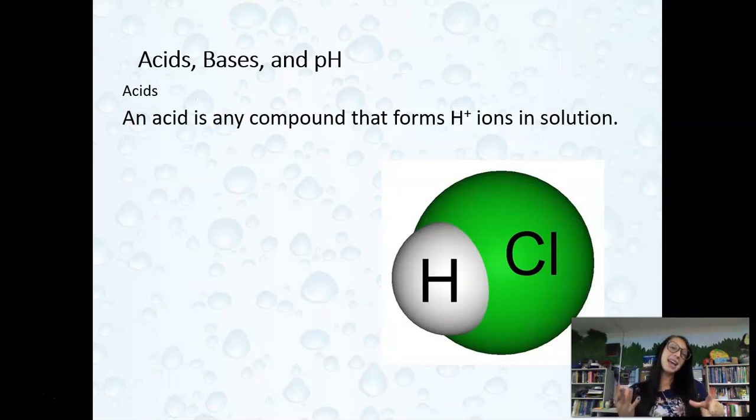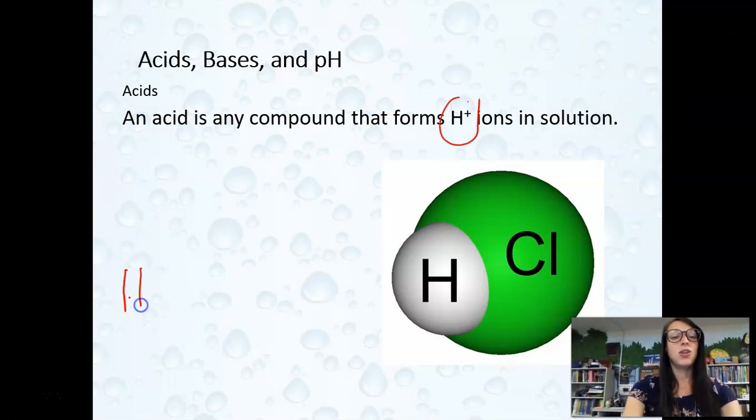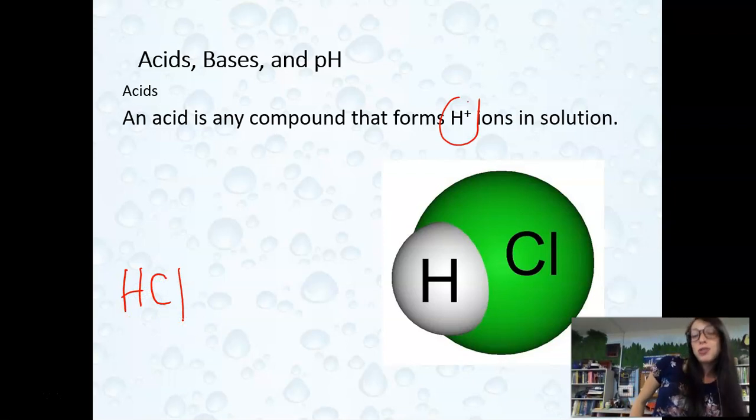Now, an acid is any compound that forms primarily hydrogen ions in a solution. What I have for you here is HCl, or hydrochloric acid. It's called hydrochloric acid because it splits up into its hydrogen and its chlorine components, which creates an unbalanced number of hydrogen ions.